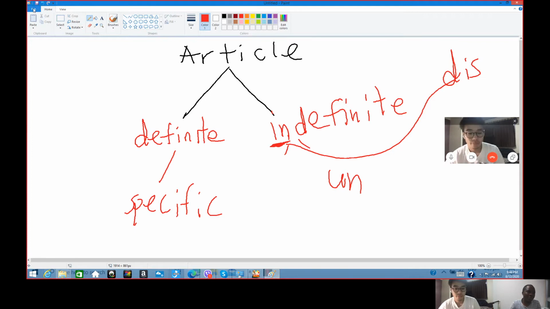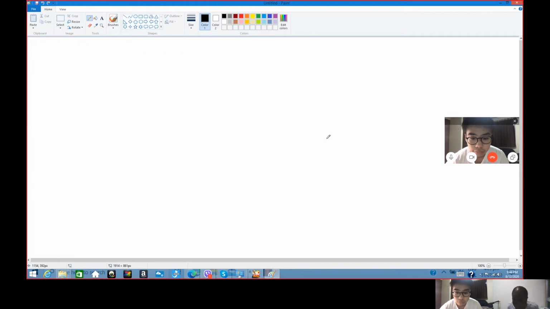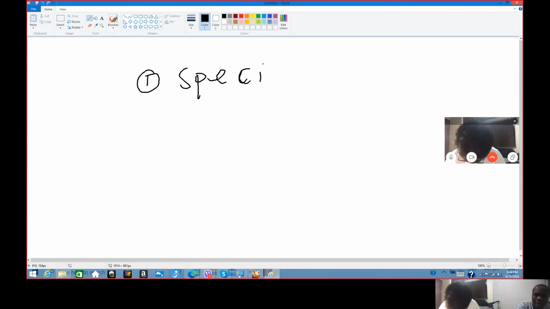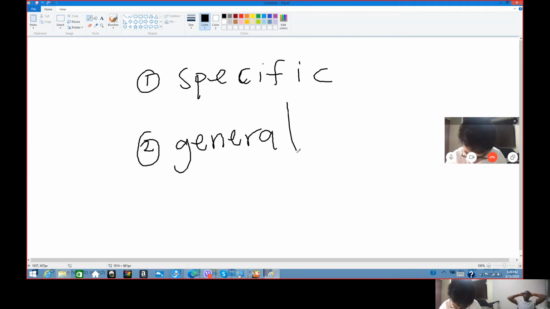Now let's go to the definition of article. Very simple. I told you I did this when I was in class 4, elementary school. So the article definition is very, very simple. One, is it specific? Two, or is it general?